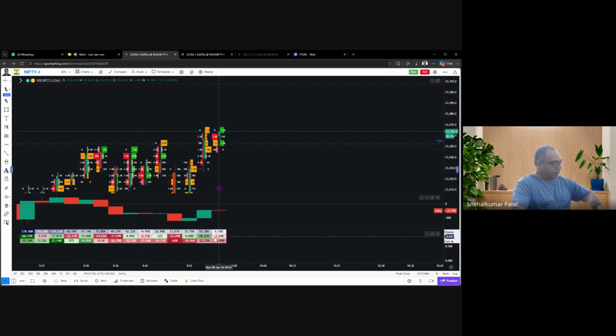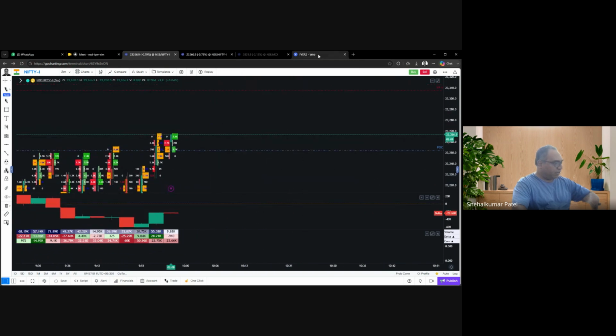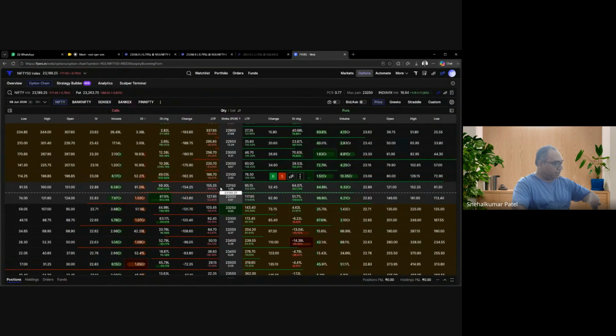We have to keep an eye on the delta. Right now, the delta is negative. So sellers are dominating. Let's see if the buyers overpower them and try to bring the price up. The price is down right now from 130, it's 127, 128.